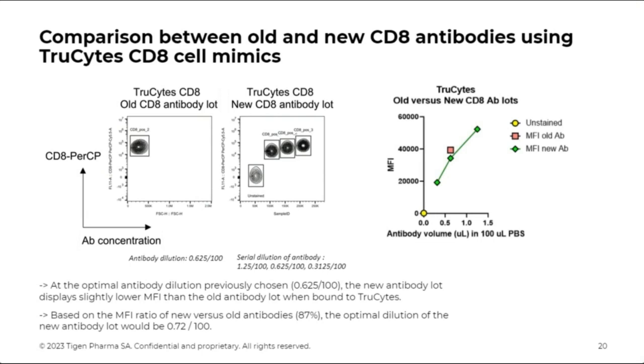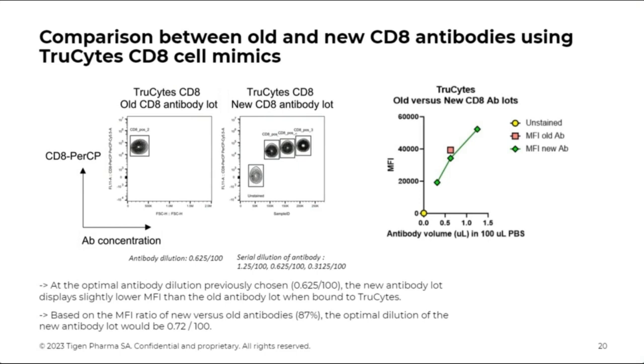The new CD8 antibody lot is here on the middle graph. And you can see we tested it at 3 different concentrations. And the one that is the lowest is the unstained sample.